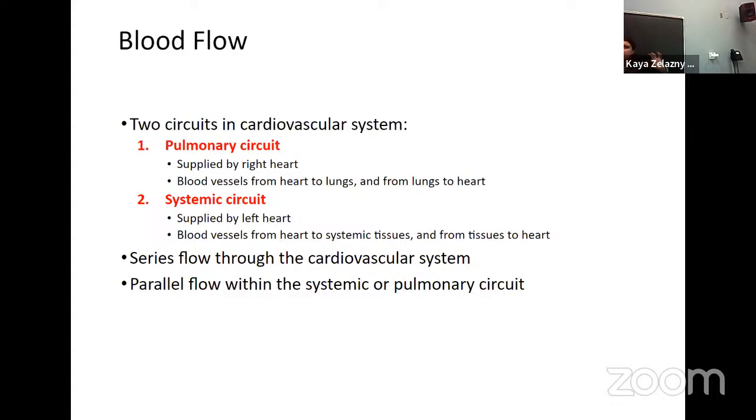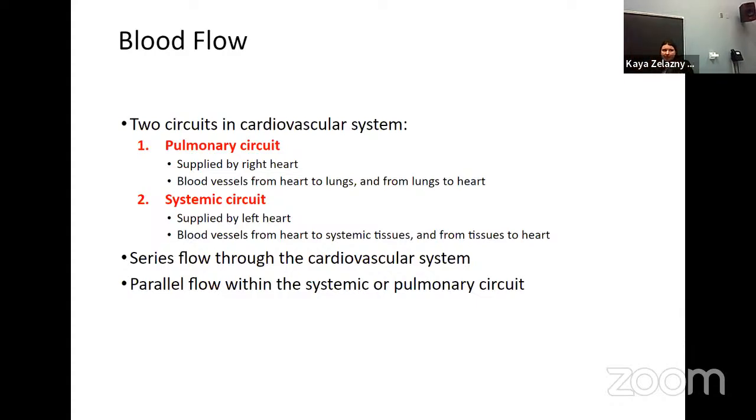Okay. And the next thing, your book likes to use physics words to talk about these two circuits. And this is moving into the part of A&P where we do start using a fair number of physics words, just a warning. We will define them, but spoiler alert, it's coming. Okay.